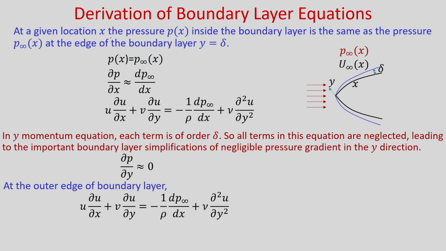So, at a given location x, the pressure P(x) inside the boundary layer is the same as the pressure P∞(x) at the edge of the boundary layer, y equal to δ. We have already derived that ∂P/∂y is equal to 0, it is negligible. This means the pressure across the boundary layer does not change and the pressure is impressed on the boundary layer.